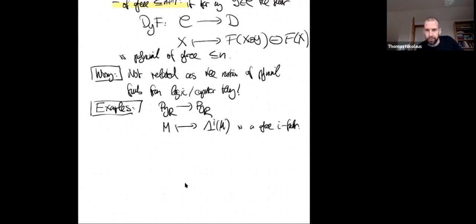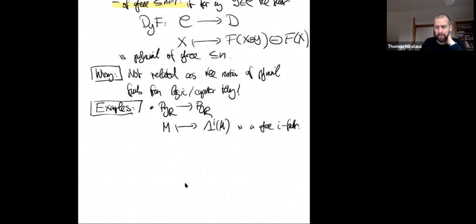By the way, this is related to the binomial coefficient functor, if you think about it. Because if you think about what it does on a basis, it will send it to subsets of that basis of a fixed cardinality. So that's basically the higher algebra, or the categorical version, of the binomial coefficient functor, x over i. Okay, so that's an example of a polynomial functor.